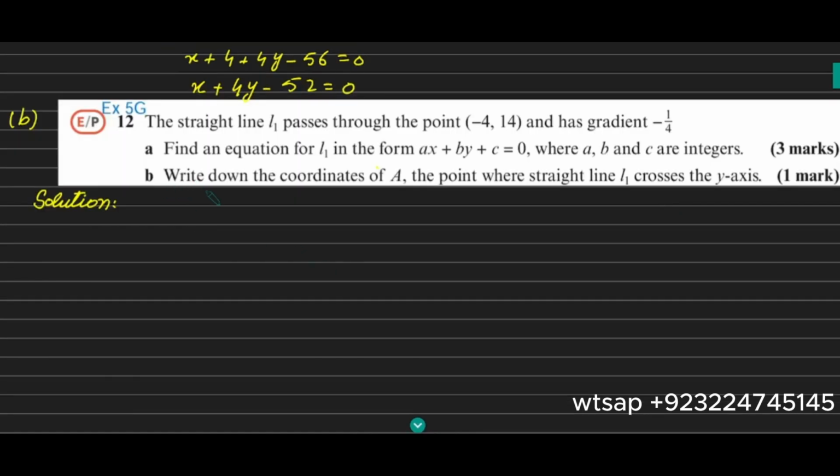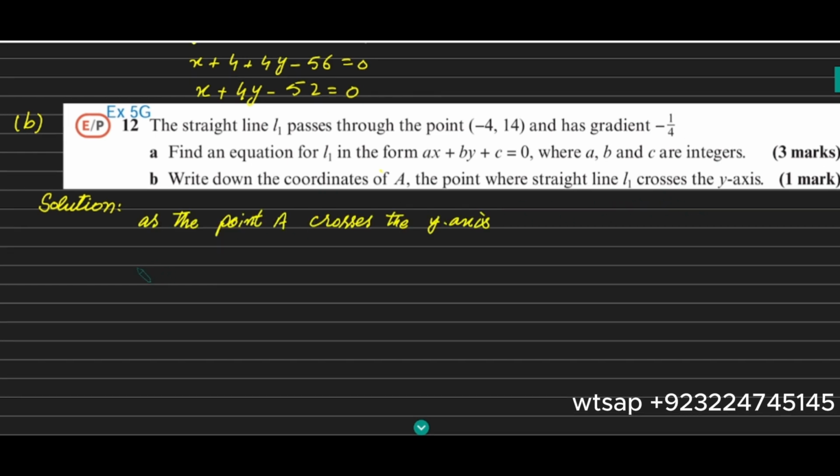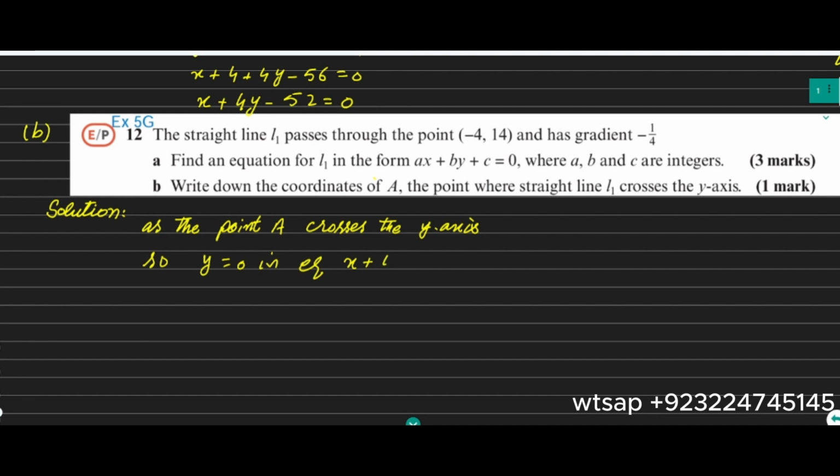For part B, we have to write the coordinates of point A. This point A lies on the line L1 which crosses the x-axis. As the point crosses the axis, we will put y equal to 0 in the equation x plus 4y minus 52 equal to 0.